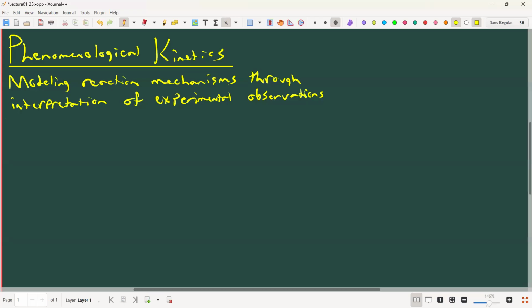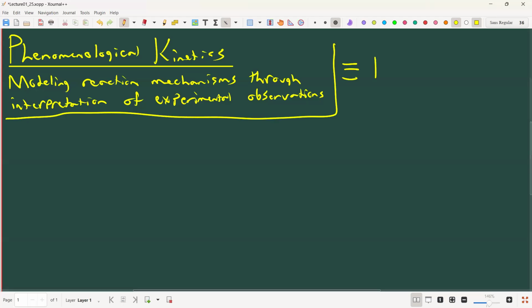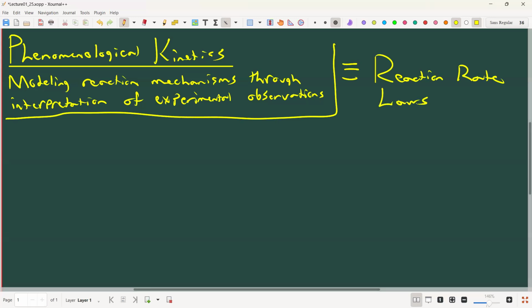This is a fancy way for me to say that we're going to discuss reaction rate laws. We'll go through a series of common types of rate laws, classify them, and talk about their math, physics, chemistry, and different applications of each kind.